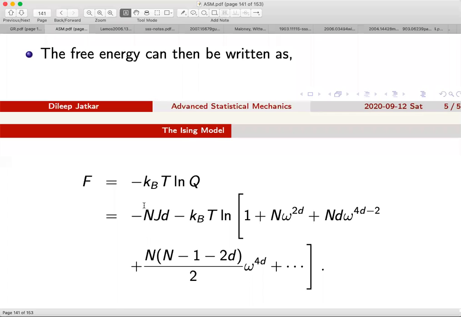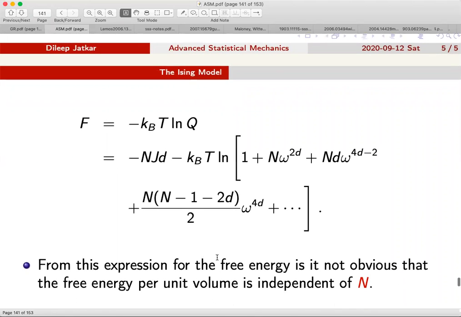The first term is trivial, but for the other term, the N is sitting inside the log. So it is not immediately obvious that the free energy per site is independent of N. So what we'll do is first check whether that is the case or not.